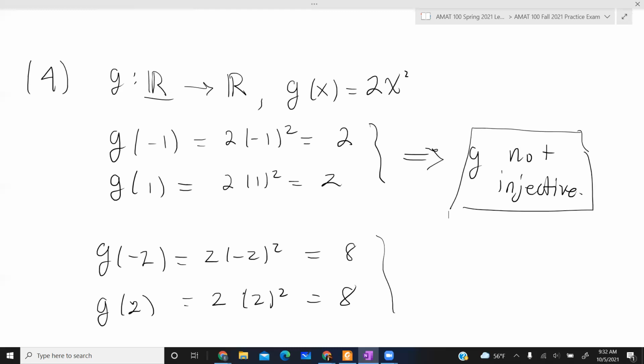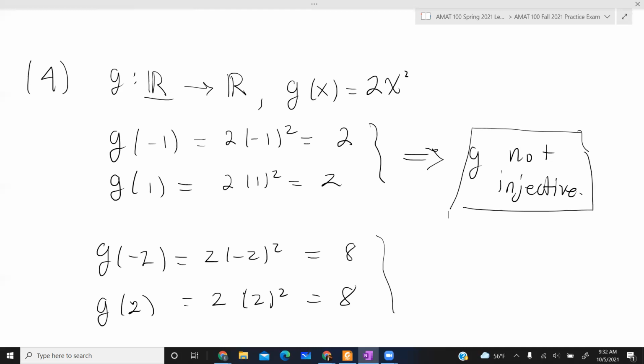Well, we saw 2x squared, but basically the same calculation shows that x squared itself is not injective. But x cubed and multiples of x cubed, those kinds of functions are. So just know the graphs. You'll be able to tell from the graphs whether these are injective or not.